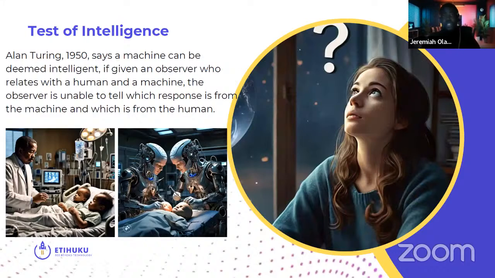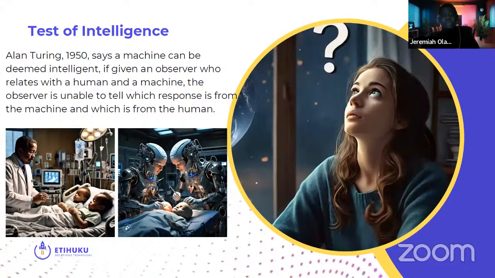That neutral observer is able to interact with the entity in room A and the entity in room B. Alan Turing says you would be able to say that machine is intelligent if at the end of the day, the neutral observer, the interrogator, is not able to tell the machine apart from the human.